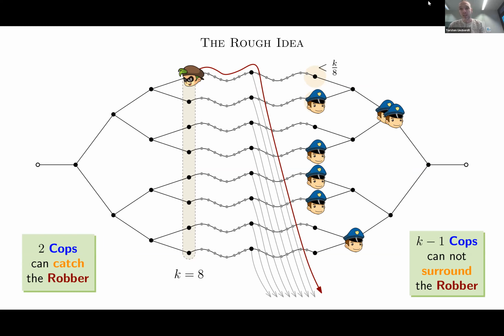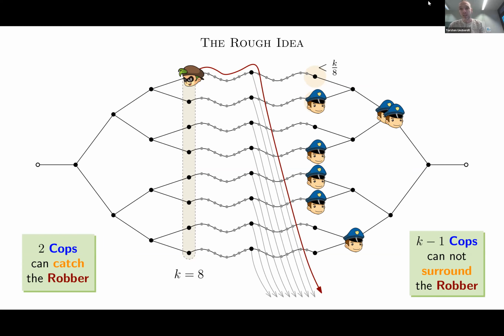Okay. And then we have parameters, and the parameter s here is basically log k. This is the height of this tree that I showed you. These are going to be the trees. So think of s as being small. And then we have some long paths between vertices.